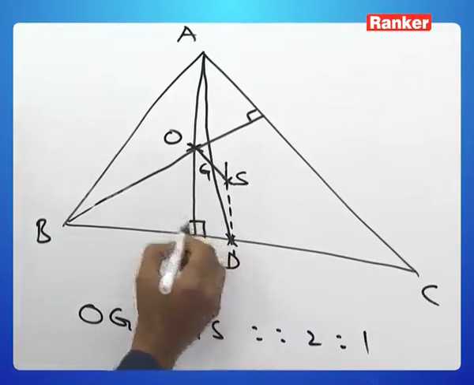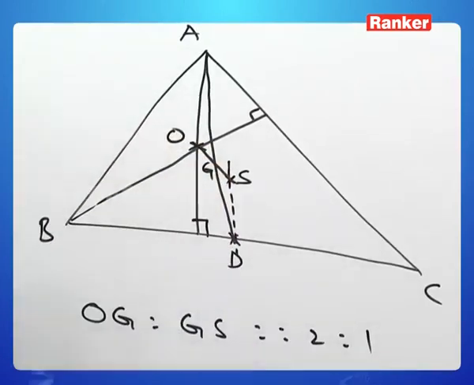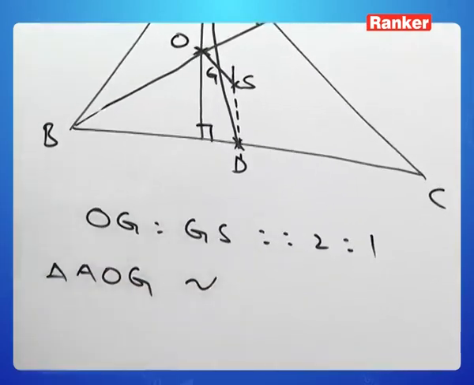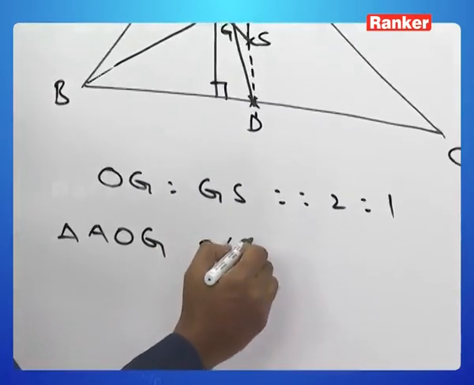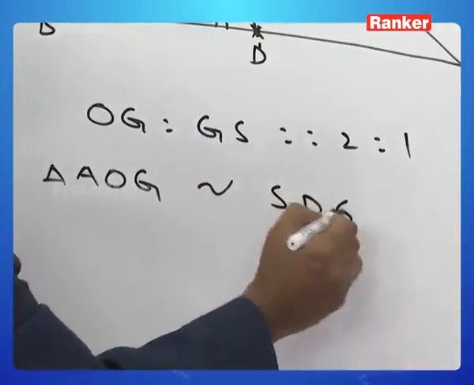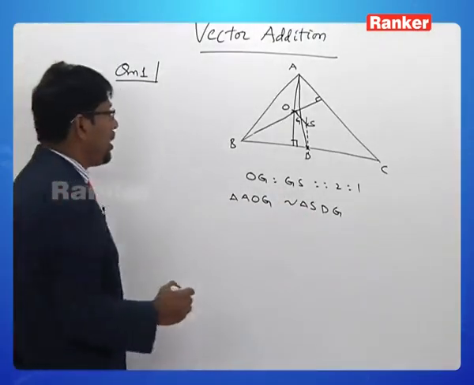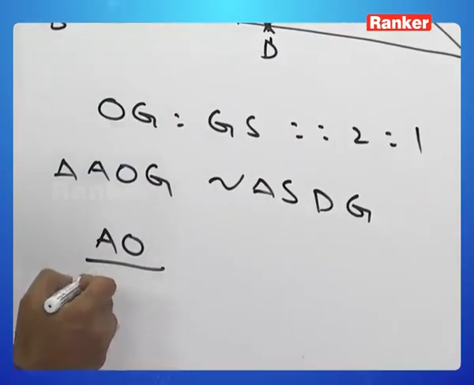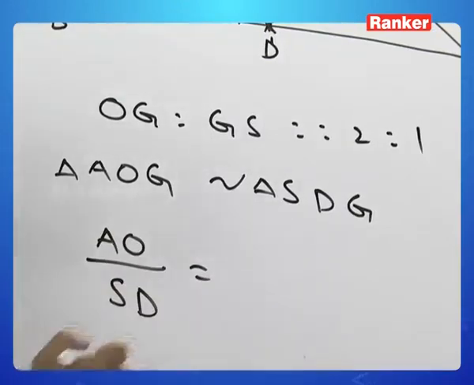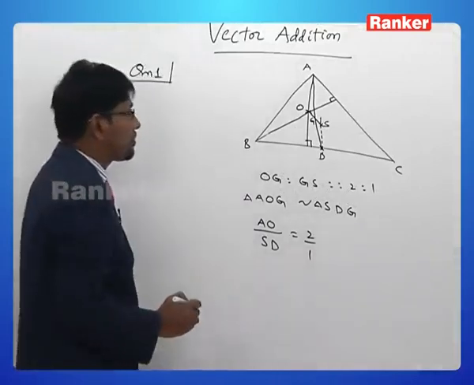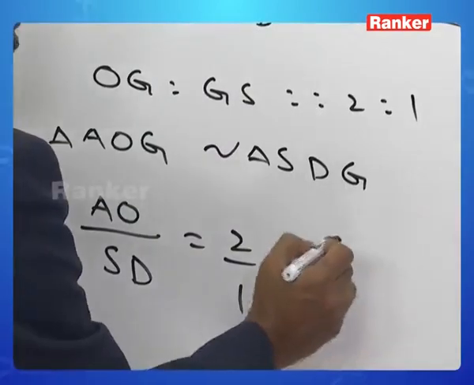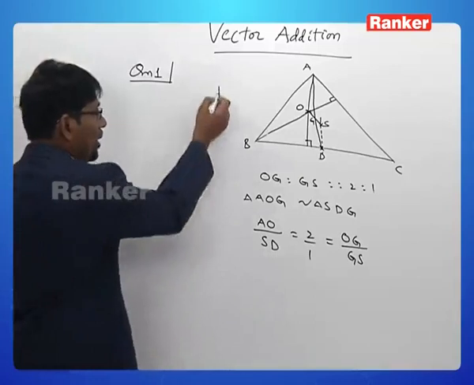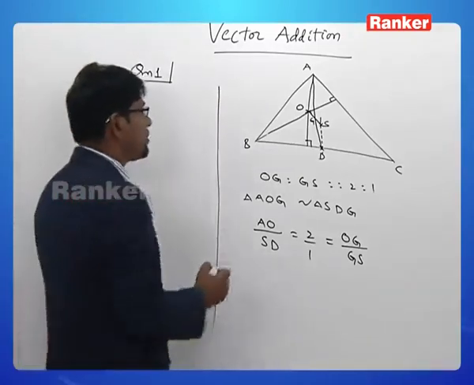Now if you observe carefully, the triangle AOG is similar to the triangle SDG, and AO by SD will be equal to 2:1, and that will be equal to OG by GS, and that we know is 2:1. So we make use of this result.